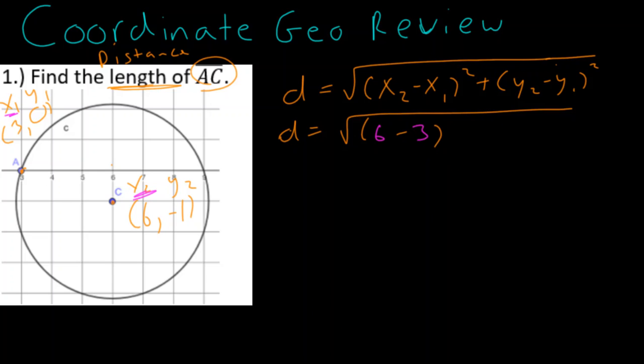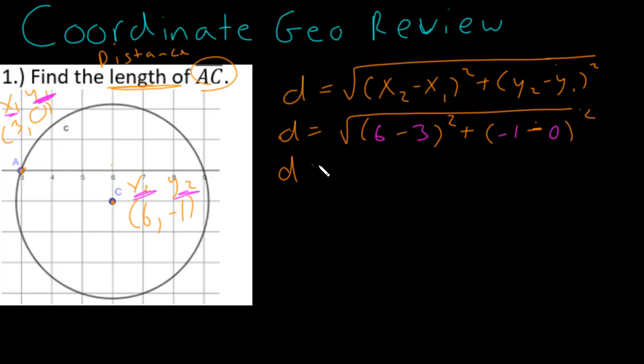Now we close our parentheses, we square it, plus parentheses. And looking here, I see, oh, you know what, my y1 value, or I'm sorry, my y2 value will be negative 1. Almost made a mistake, huh? And minus my y1 value, 0. And of course, we can now square it.